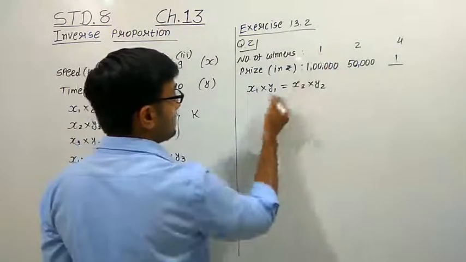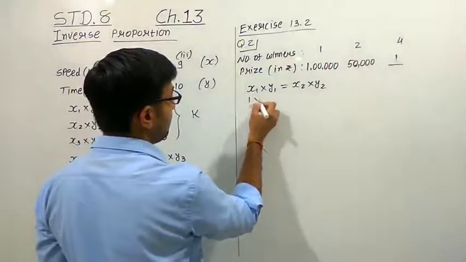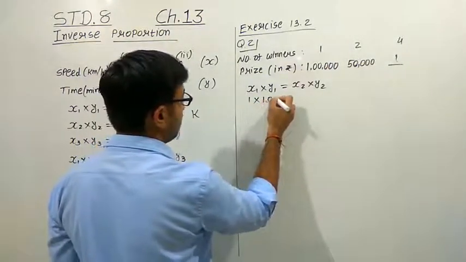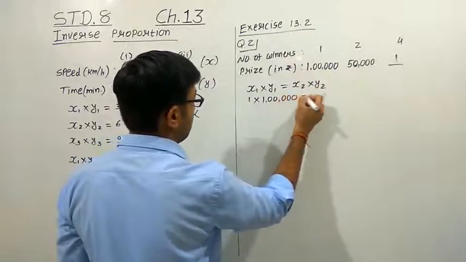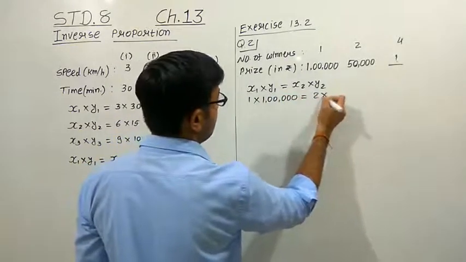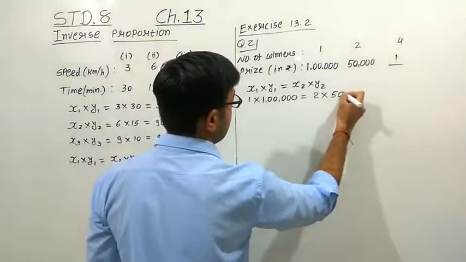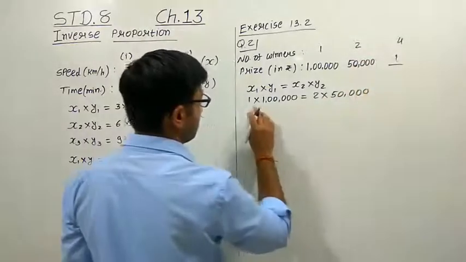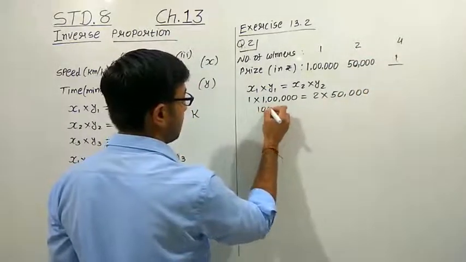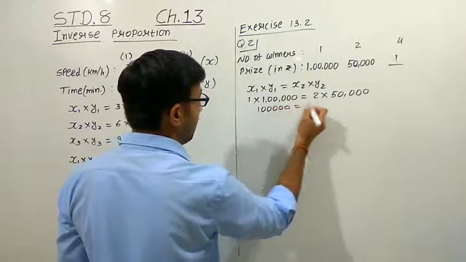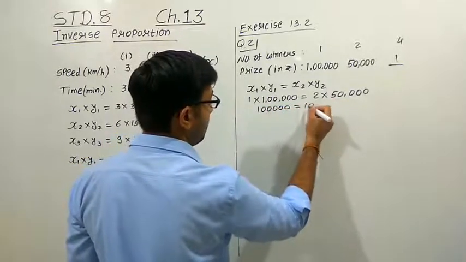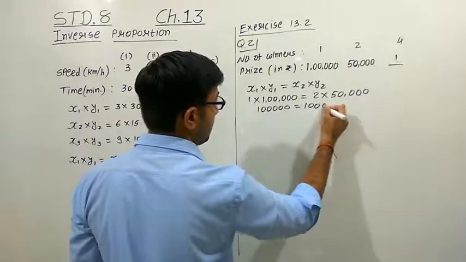So x1 is here 1, y1 is 1 lakh, x2 is 2, and y2 is 50,000. So yes, 1 into 1 lakh is 1 lakh, and 5 into 2, 5 2s are 10, 1 0 and again 3 zeros.